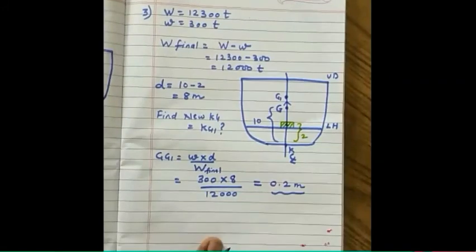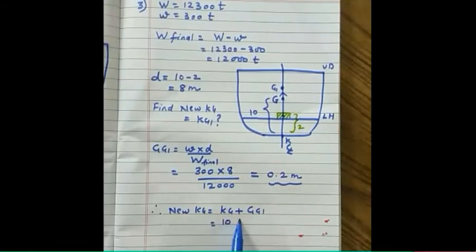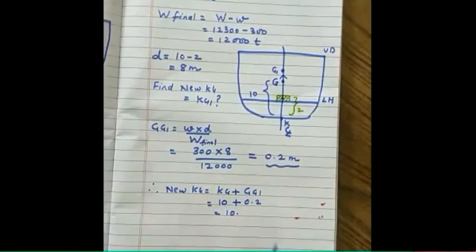Therefore, new KG is equal to KG plus GG1, since it is going to the top side. The original KG of the ship is given as 10, and the shift GG1 is 0.2 you have found. So the answer is 10.2 meter.